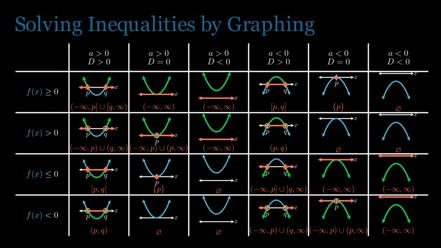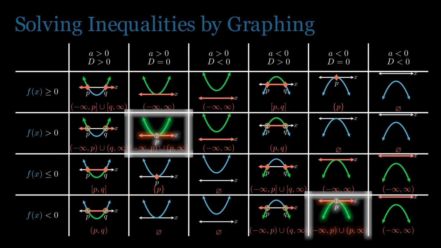It is also interesting to acknowledge that among the types of the solution sets that we're getting that haven't showed up in the first row, we have these two where all real numbers except just one number are in the solution set.